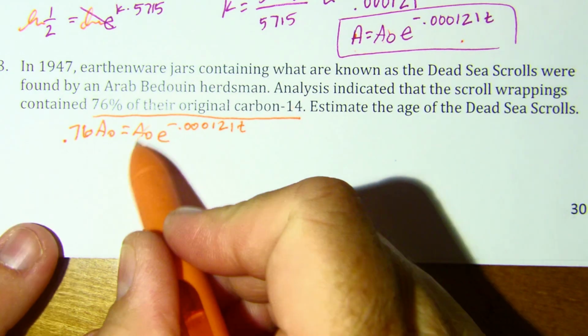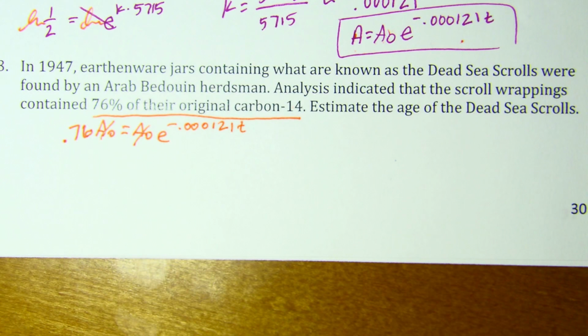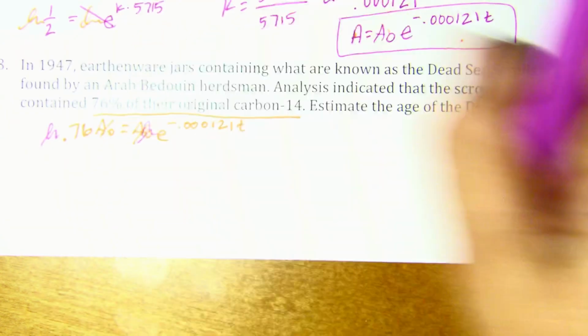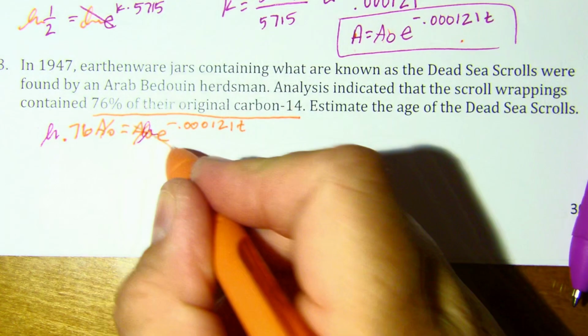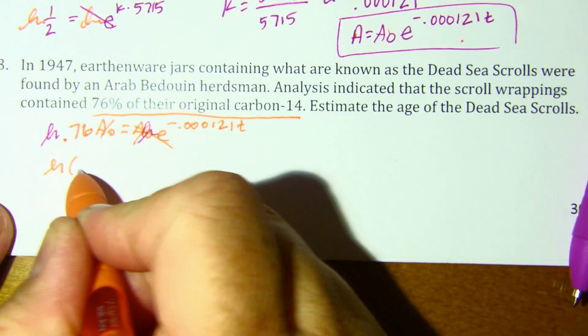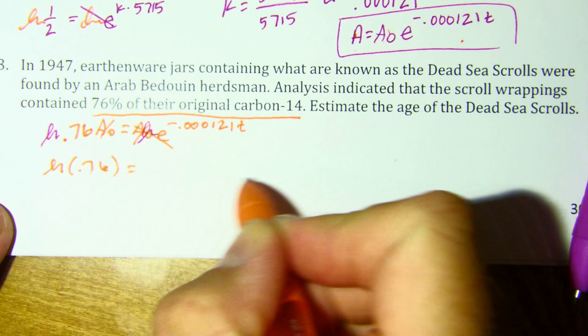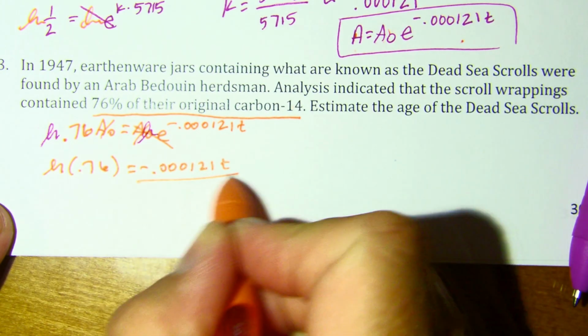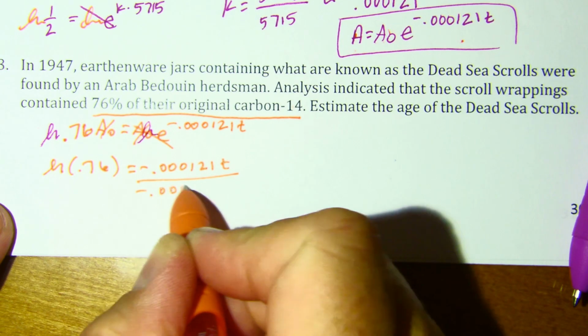So we can divide both sides by A naught. Those cancel out. We can take the natural log of both sides again. The natural log and e cancel out here, and we have the natural log of 0.76 equal to negative 0.000121 t. Divide by that on both sides.